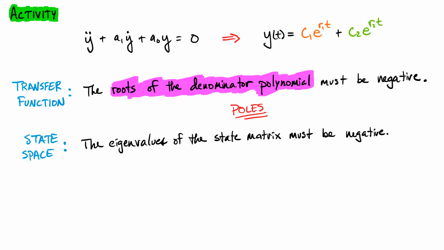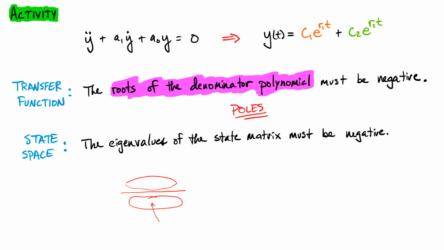As you're looking at the solutions that we've seen, R1 and R2 appeared in various different ways. When we compose the transfer function, those values R1 and R2 end up being the roots of the denominator polynomial. In the transfer function, we have a polynomial on top and a polynomial on the bottom, and R1 and R2 are the roots of the denominator polynomial.